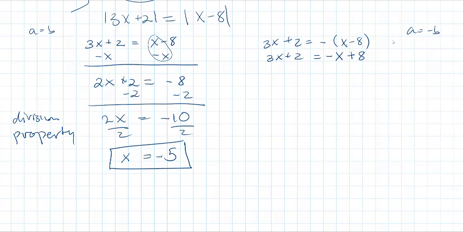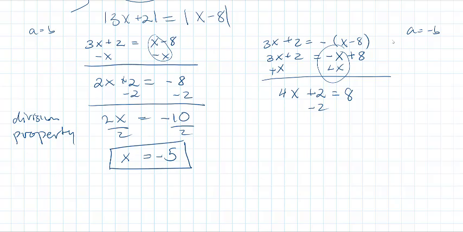Now, again, we'll use the addition property here. We'll add x to both sides. We're trying to isolate our variable. So on the left, we have 3x plus 1x, so we have 4x, plus 2 equals, these two x's cancel, equals 8.